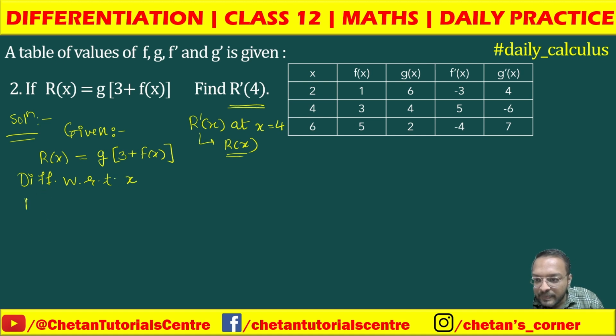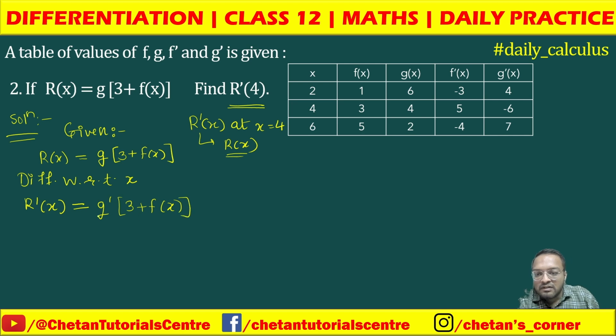What we will get? R dash of x is equal to, now this g of 3 plus fx is a composite function, so we will use the chain rule over here. The derivative of g of 3 plus fx will be g dash of 3 plus fx.